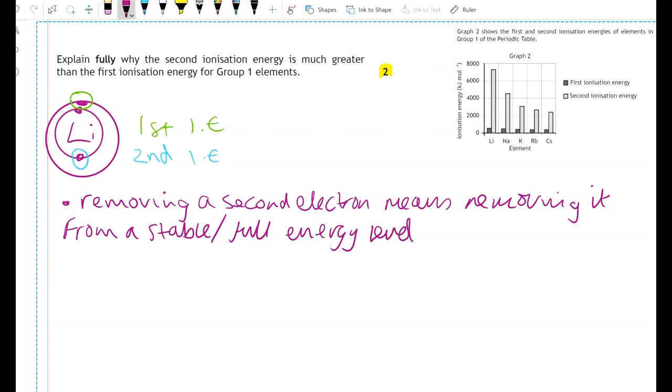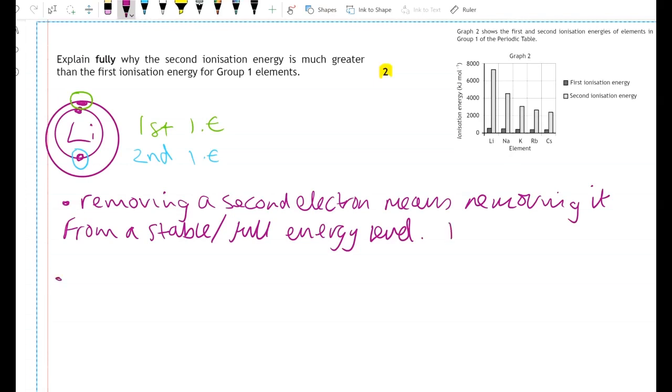And remember that the first energy level of any element can only hold 2 electrons. So in lithium's case, the fact that once you've removed the first electron, you're left with 2, that is actually stable. Okay, that would get you 1 mark.